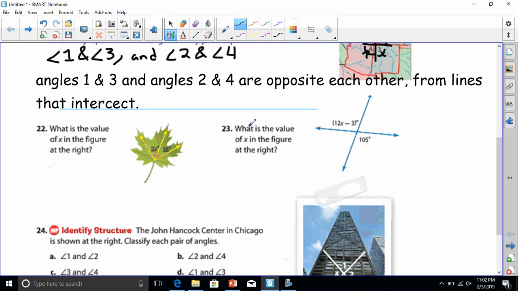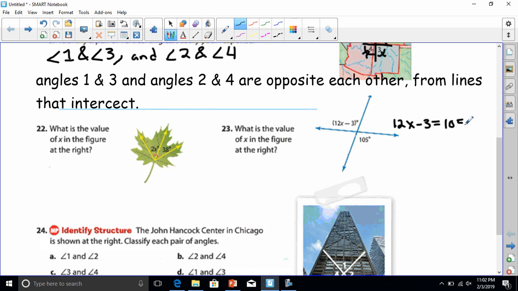Let's go to number 23. What is the value of x in this figure? Well, we remember that vertical angles have to equal each other. So if that's true, we can say that 12x minus 3 has to equal 105.